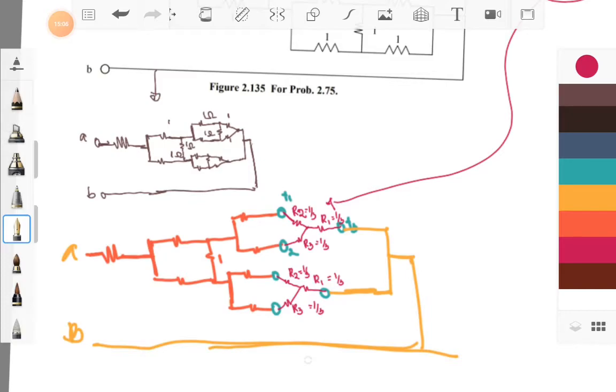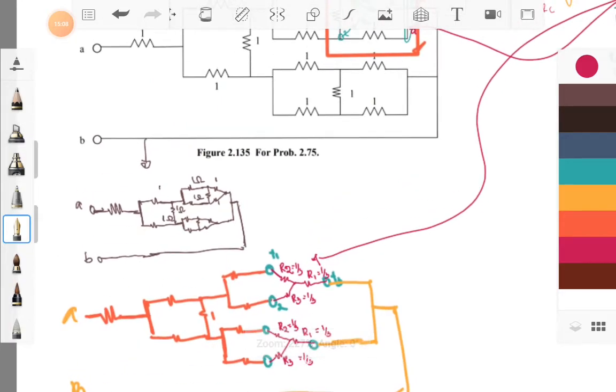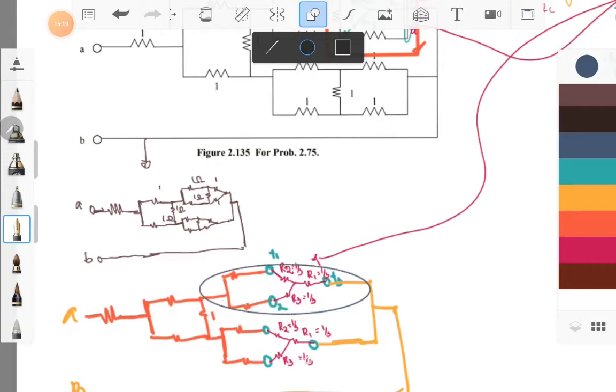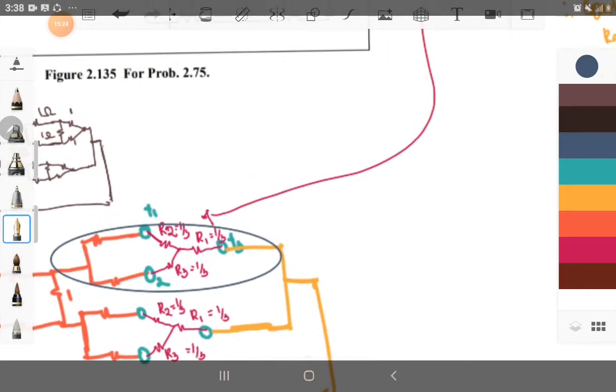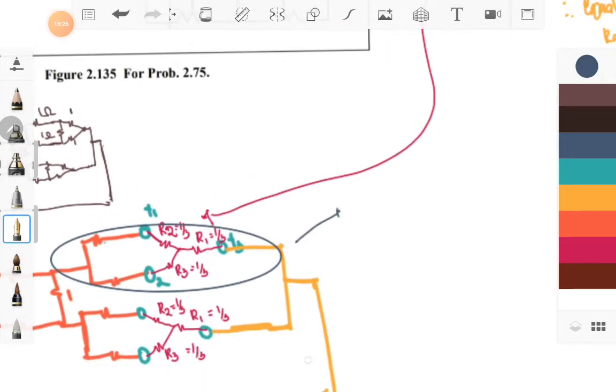Okay. So, considering this area, another area, so consider natin itong area na to. Okay. So, you can see that you may write it into your 1 ohm, then another 1 ohm, and then your terminals T1, T2, T3.